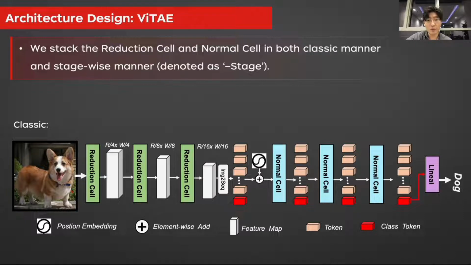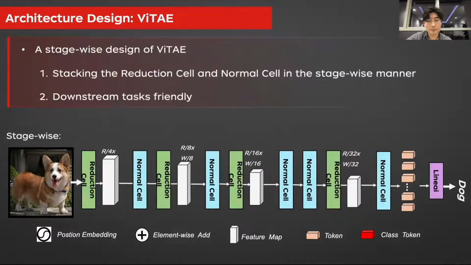The first one follows the classic setting of vision transformers. We first use three consecutive reduction cells to embed the feature to 1/16 of the image size. Then the embedded feature is concatenated with a random class token and processed by several normal cells. The final prediction is obtained through the class token.